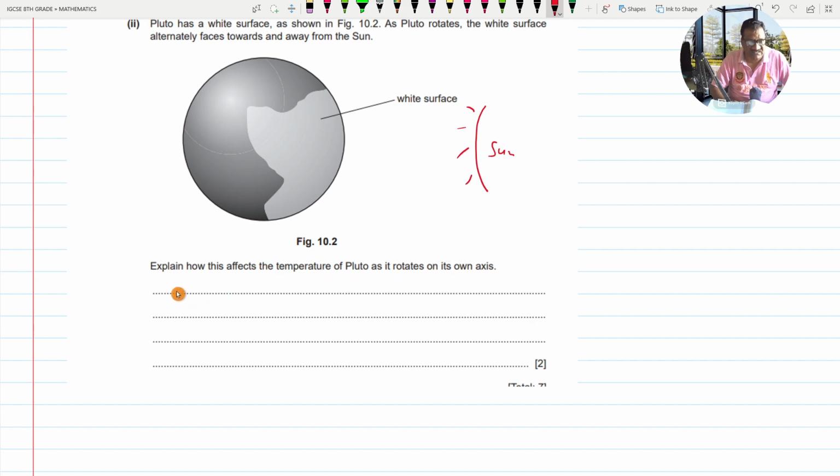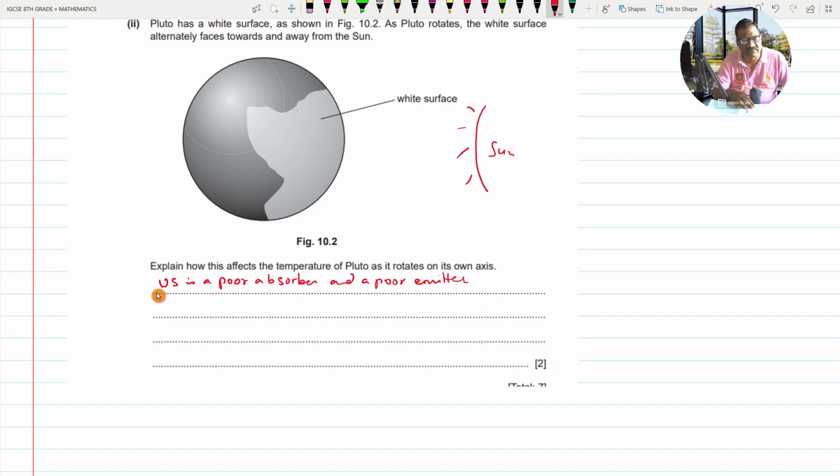So to answer this, because this carries 2 marks, we'll have to put some good explanation. So the first thing that you can say is that the white surface (I'll write WS for white surface) is a poor absorber and a poor emitter.